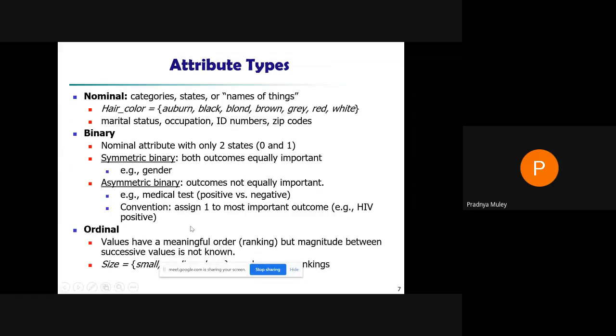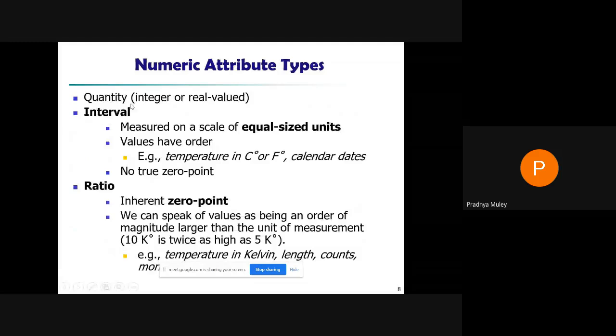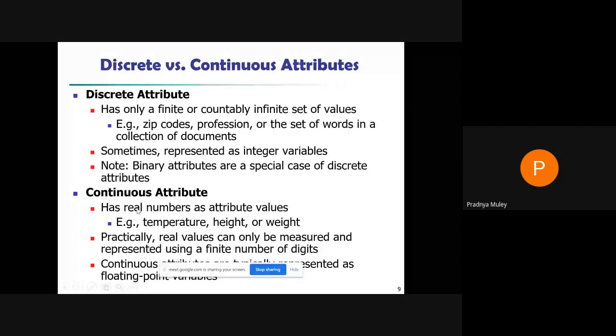Numeric has two types, interval scaled data and ratio scaled data. Interval scaled means there is an interval between two data points, and ratio means there is a ratio, for example, 1 to 2, 2 to 4, like this ratio between two data points.